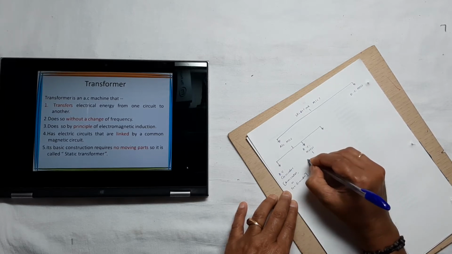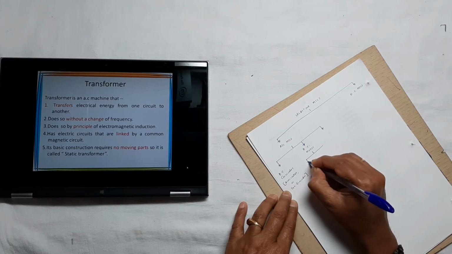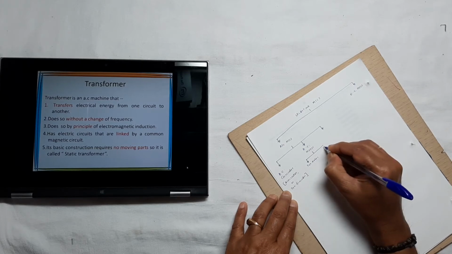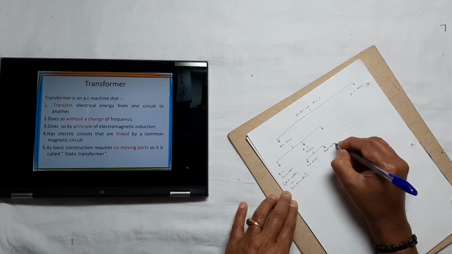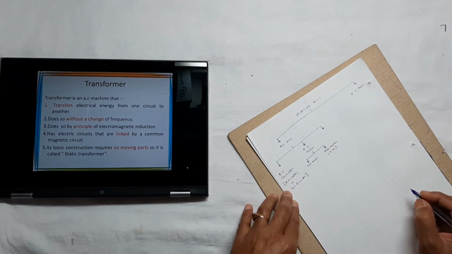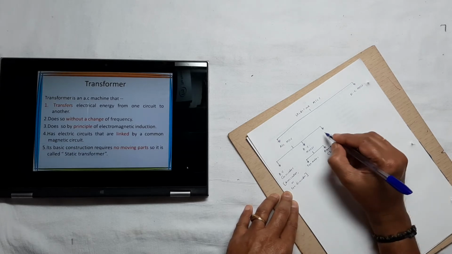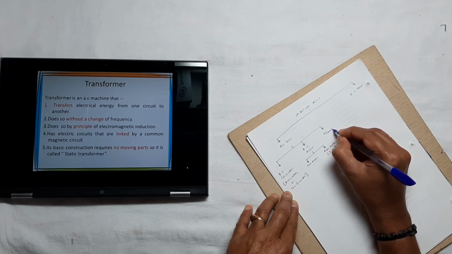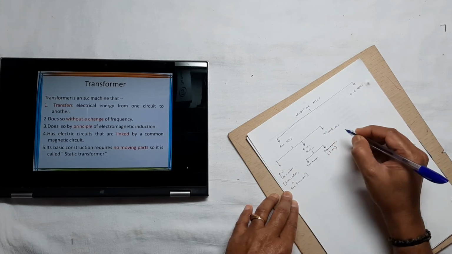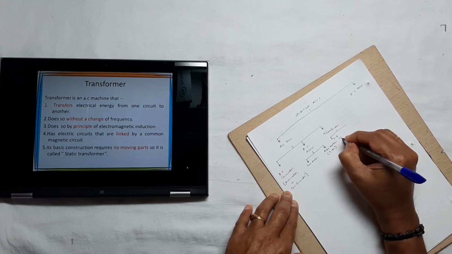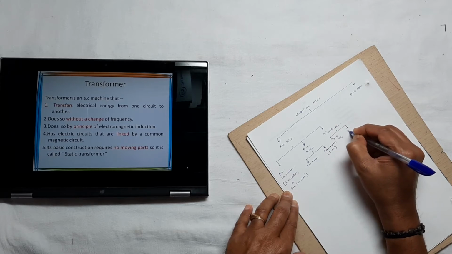Here you have got synchronous motor and asynchronous motors. Basically, here it comprises the induction motor, three-phase and single phase. And the third category of the machine is what you are calling here a transformer. Under this, once again, you have got a single phase and a three-phase. Single phase transformer and a three-phase transformer.